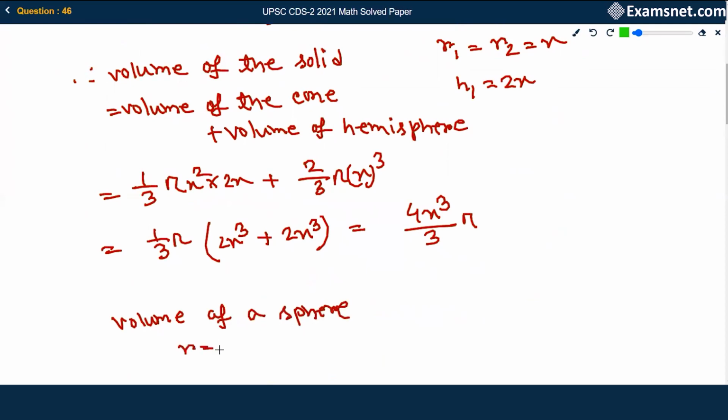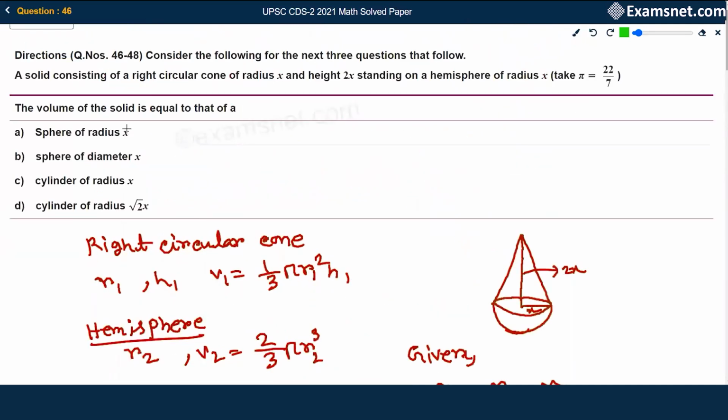If its radius is x, we can write 4/3 pi x cube. So we can see that these two match, 4/3 pi x cube. So the volume of the solid is equal to that of a sphere of radius x. Option A is the correct answer.